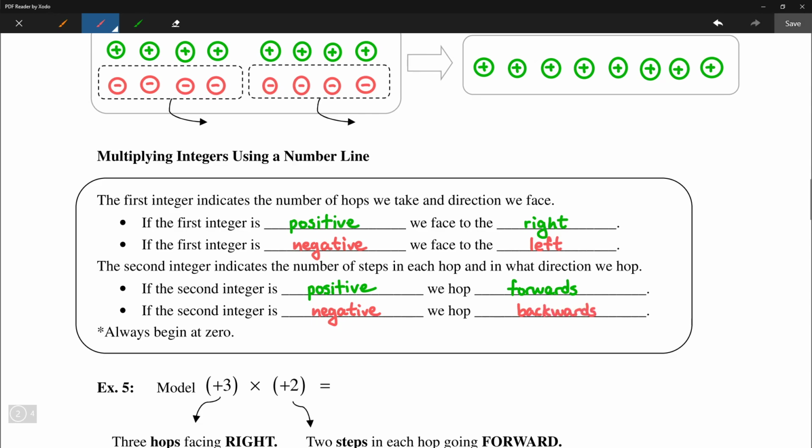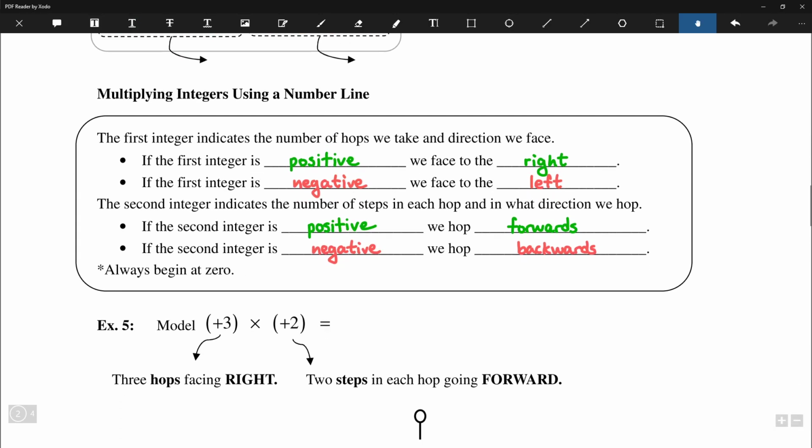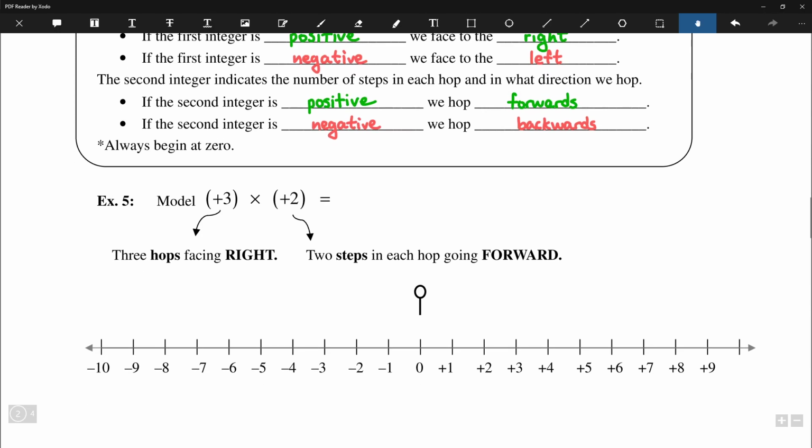Okay, let's see how this will work in our examples. So let's start with example number 5. We'll model positive 3 times positive 2. So that will be 3 hops to the right, and each hop is going forward. In this case, we're going to draw a stick figure who is facing right.